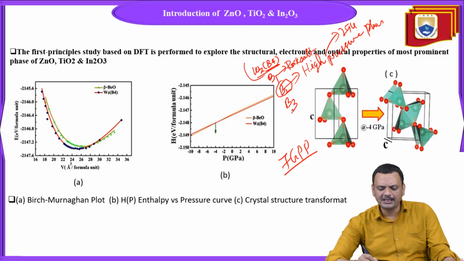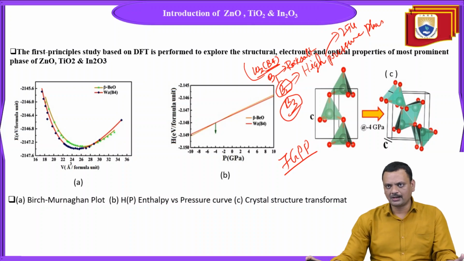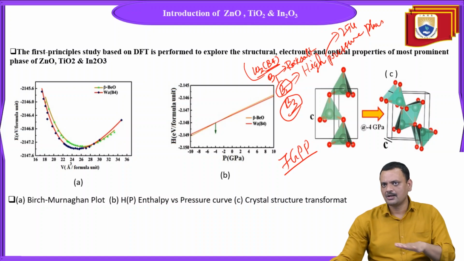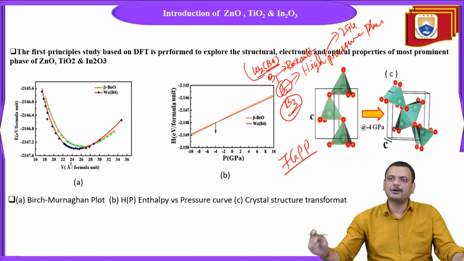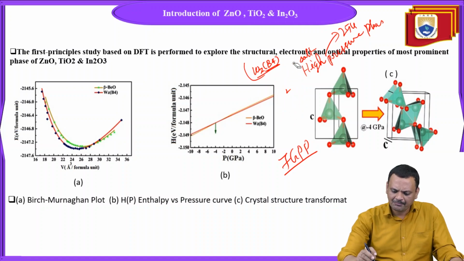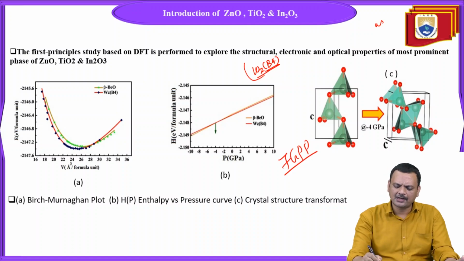Okay, this B3 phase is also found in zinc oxide at ambient condition, meaning normal pressure and temperature. But once you grow a zinc oxide layered structure over a suitable substrate, then the B3 type of structure is grown. So from this discussion you can clearly conclude that the Wurtzite B4 phase is actually the ambient condition phase.